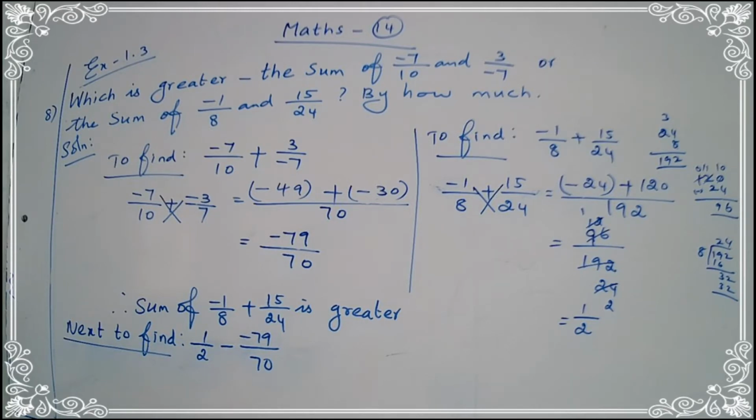Which is greater? The sum of minus 7 upon 10 and 3 upon minus 7, or the sum of minus 1 upon 8 and 15 upon 24. By how much? Find the value and write which one is greater. Right, children?